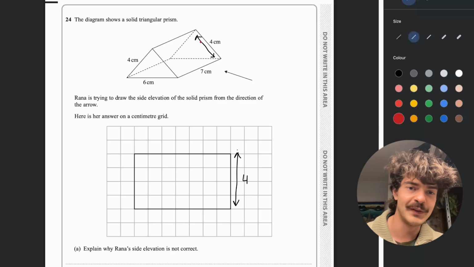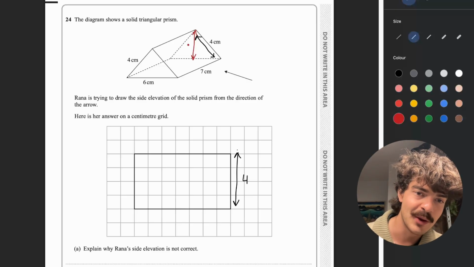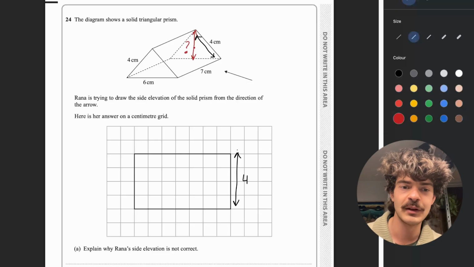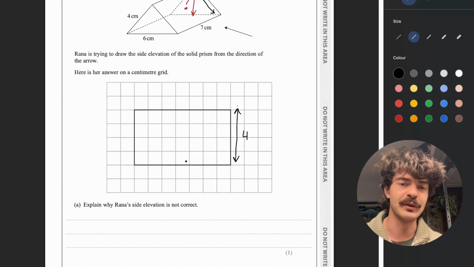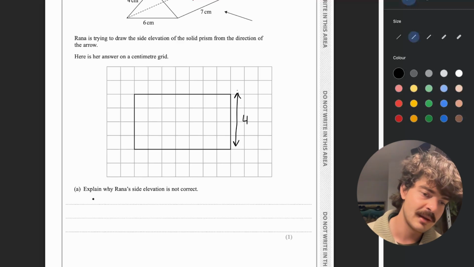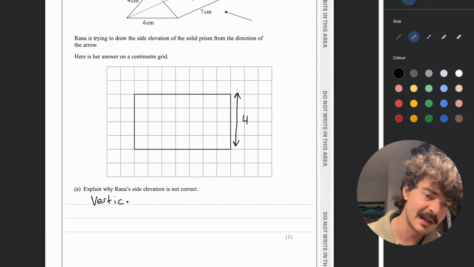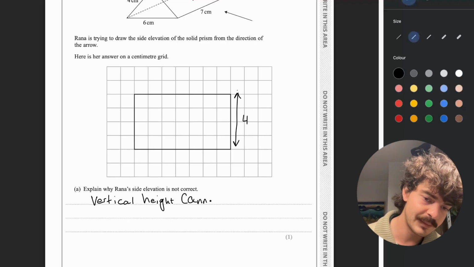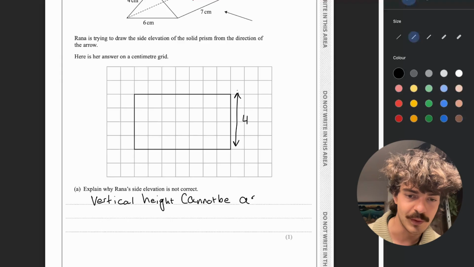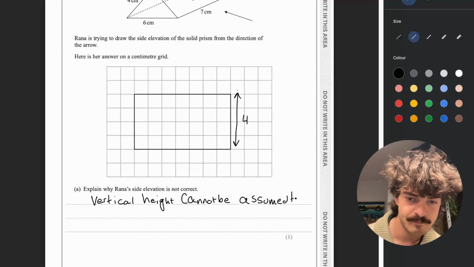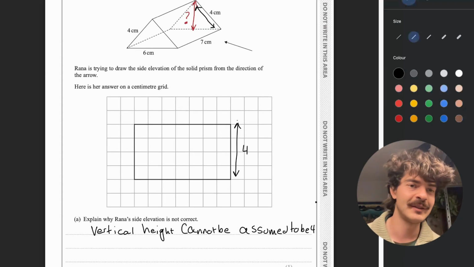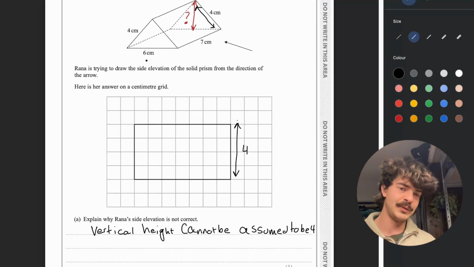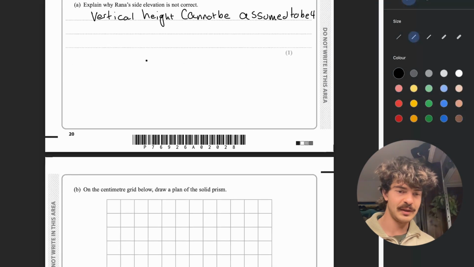When in reality, the vertical height is here. We actually don't know what this is just yet. It's never explained. So her assumption that it's got a vertical height of 4 is wrong. I'd summarize that by saying the vertical height cannot be assumed to be 4. We'd actually have to go about working out what it actually is, which would be possible. Maybe there'll be a part B on that.